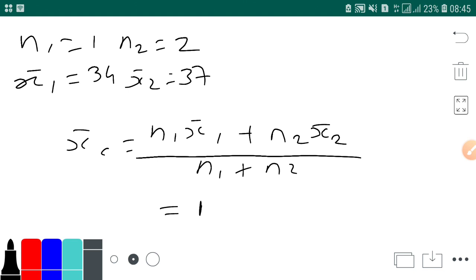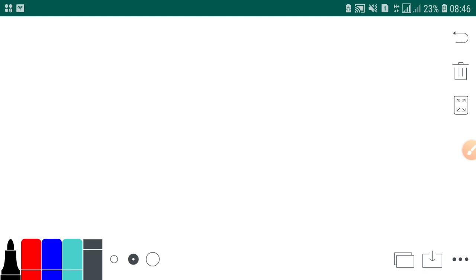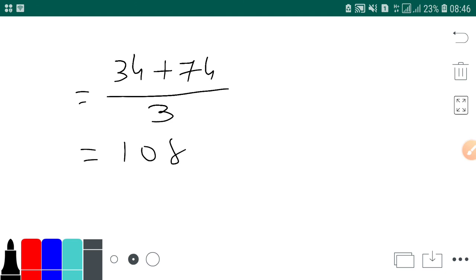So n1 is 1 into x bar 1, which is 34, plus n2 into x bar 2, upon n1 plus n2. 34 into 1 is 34, 37 into 2 is 74, and 1 plus 2 is 3. So it is 34 plus 74 upon 3. If you add this up, it's 108 upon 3. It is 36.